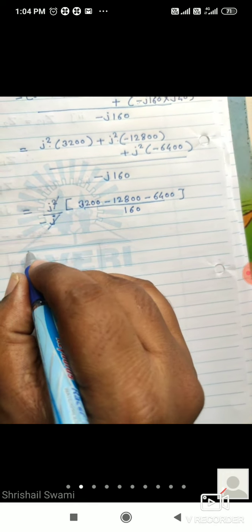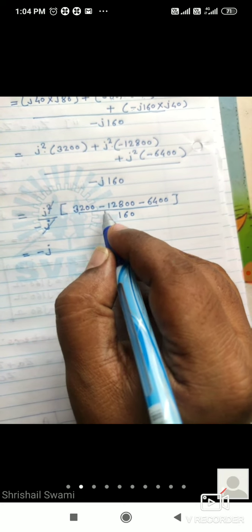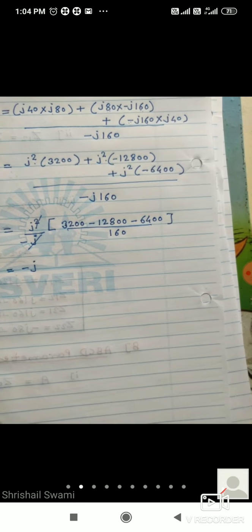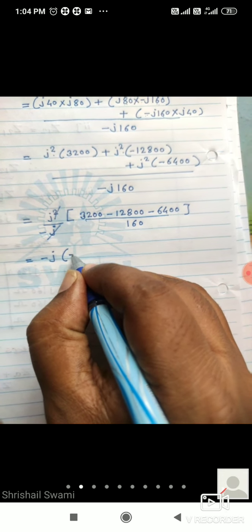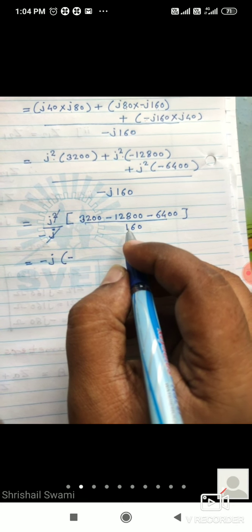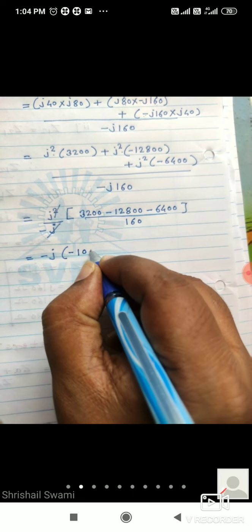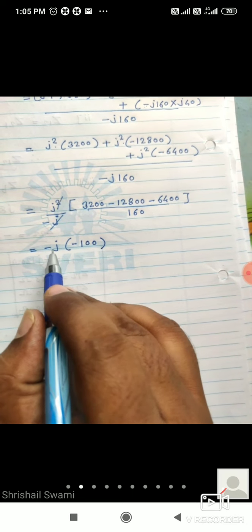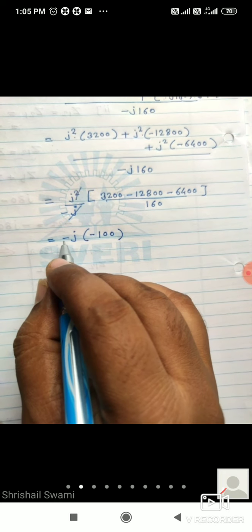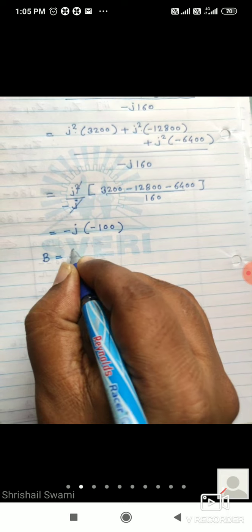So minus J will be the answer here. Is that correct? Someone calculate this expression and tell me. It is minus 16000, sorry, 1600 divided by 160, that is minus 100. So minus and this minus will get cancelled, becomes positive. So the answer of B will be J100.